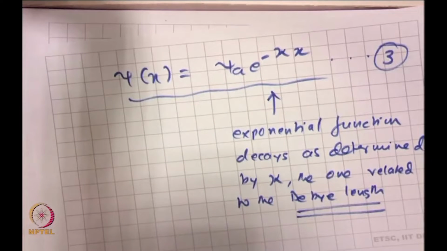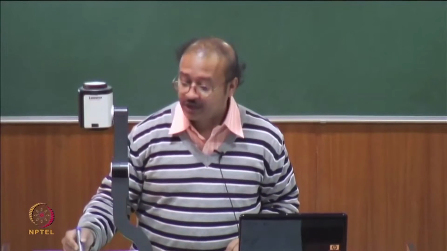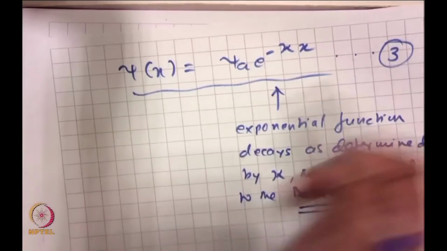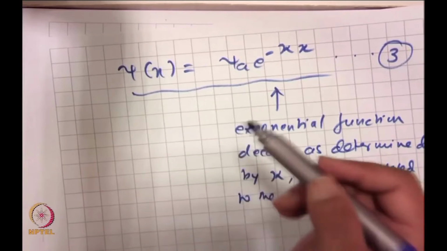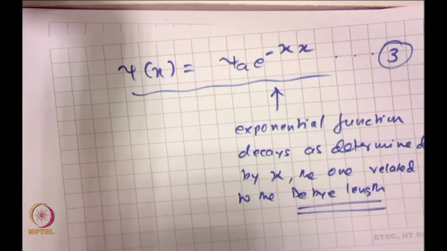The one related to the Debye length, right. So, this kappa is essentially what? The inverse of the Debye length, right. This kappa essentially is the inverse of the Debye length, and that is what you are looking at.